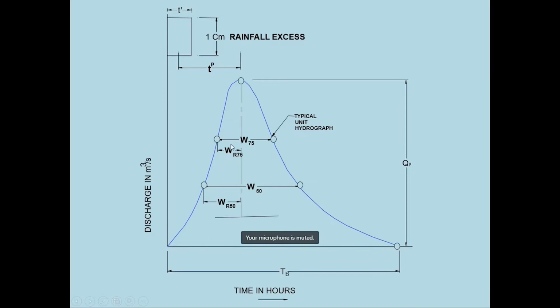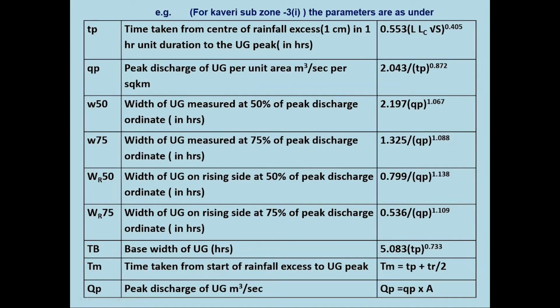These values have empirical formulas, which we will find in the next slides. This is for the Kaveri subzone, because I am explaining for one subzone, and the same will be applicable for all other subzones in a similar fashion.